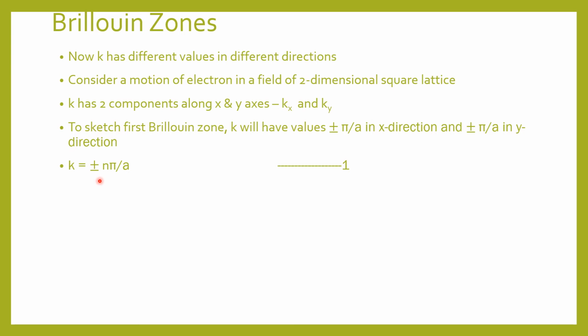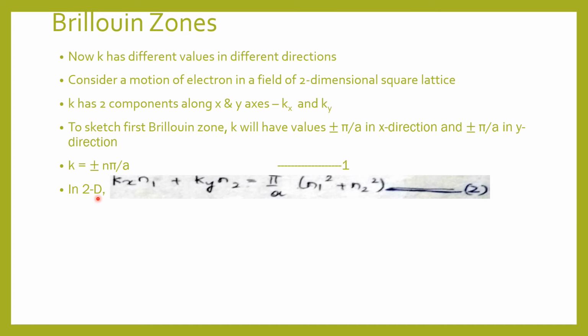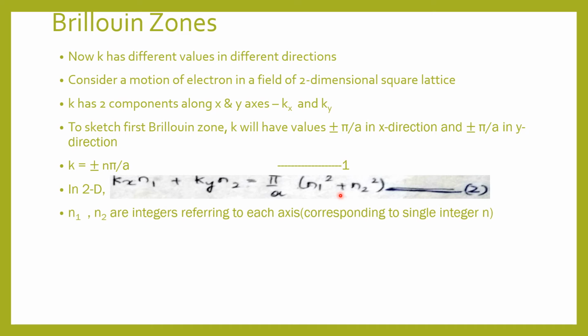So K is equal to plus or minus n pi by a. In two dimensions, we can write kx n1 plus ky n2 is equal to pi by a into n1 square plus n2 square, where n1 and n2 are integers referring to each axis.